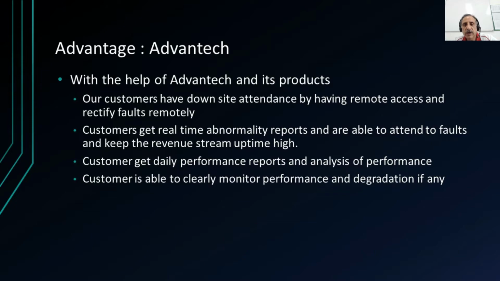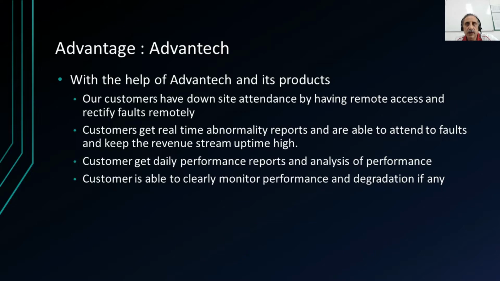Customers get real-time abnormality reports. For example, with one of our customers, for some reason there has been an abnormally high number of fan faults. Once they came to know that there has been a high number of fan faults, they have kept the fans in stock as spares.